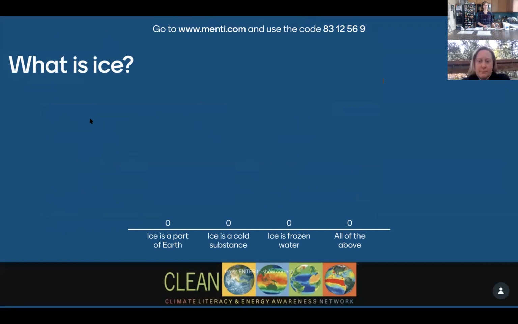Does everyone have access to the poll? If you don't, go to menti.com and use the code at the top of the screen. Just type in the number and then you should be able to click on the answer.